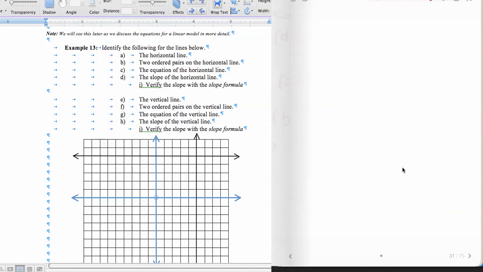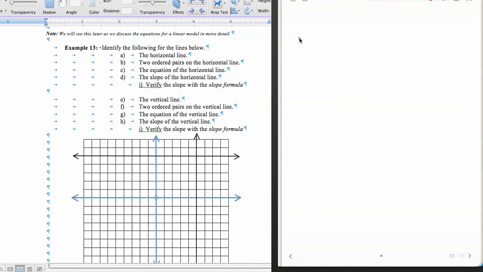Now we're going to do the same thing for the vertical line. So we know that this is the vertical line. What we need to do to get ordered pairs for a vertical line is identify what x coordinates it goes through. So 1, 2, 3, 4, 5. It's going through x equals 5. So we know that the x coordinate of every single ordered pair is 5.